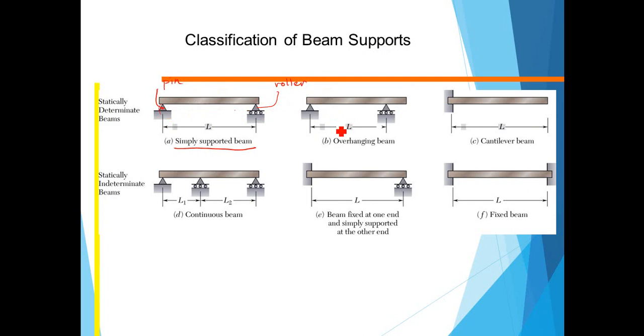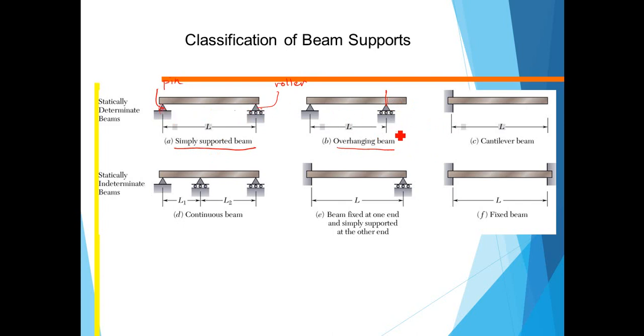And what is the overhanging beam? Overhanging beam means the beam has some excess part extending out, macam this is what we call overhanging lah. For a simply supported beam, the supports are positioned at both ends of the beam.